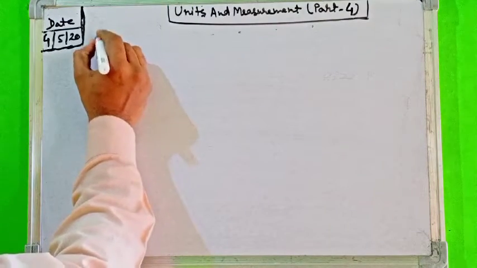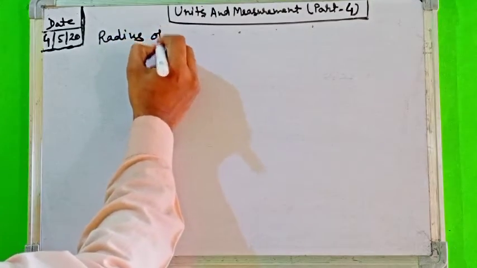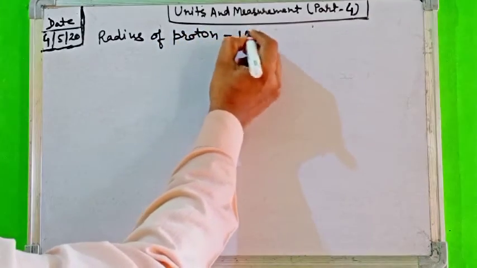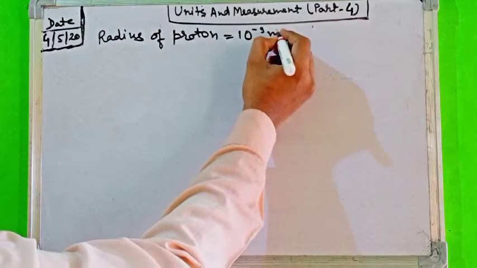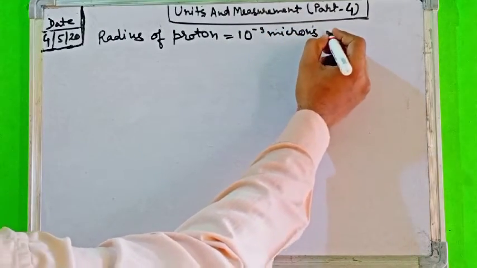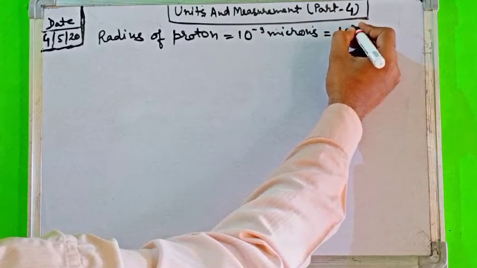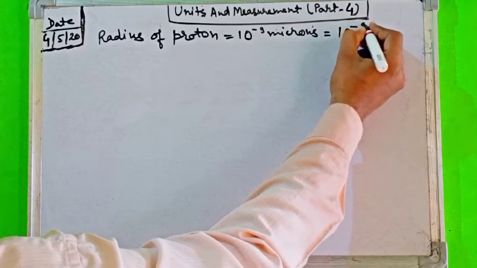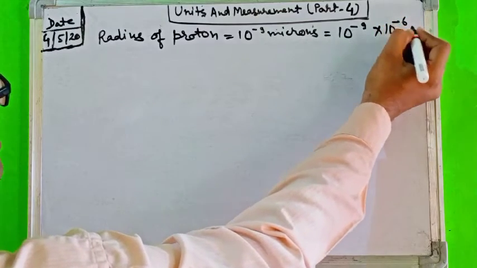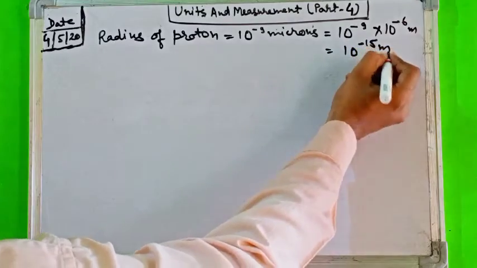The radius of the proton is equal to 10 to the power minus 9 microns, and it can be written as 10 to the power minus 9 into 10 to the power minus 6 meter, that is equal to 10 to the power minus 15 meter.